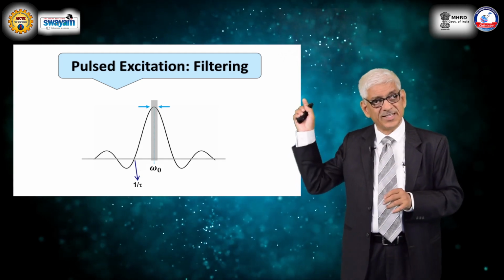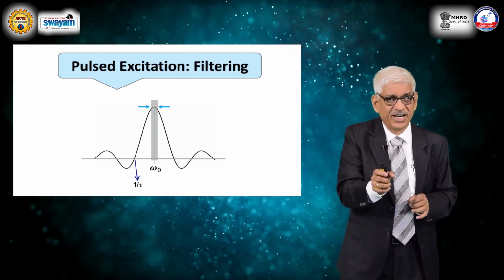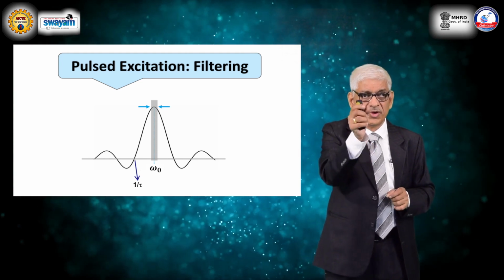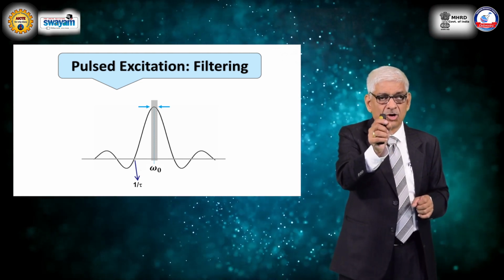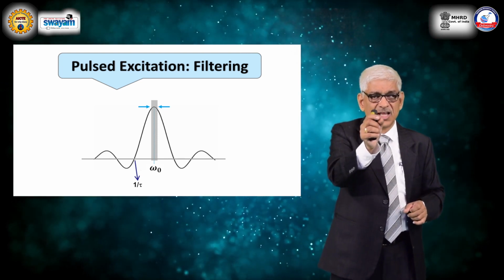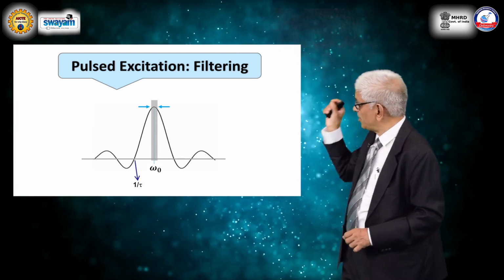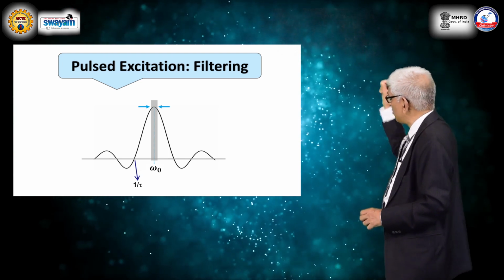Therefore, as you can see there, I indicated a shaded area, which tells you the region which is of interest for us. Around omega naught, we choose a few kilohertz, and those few kilohertz are the ones which have similar amplitude.